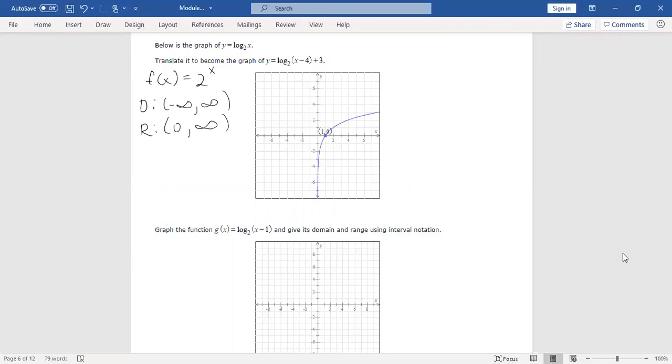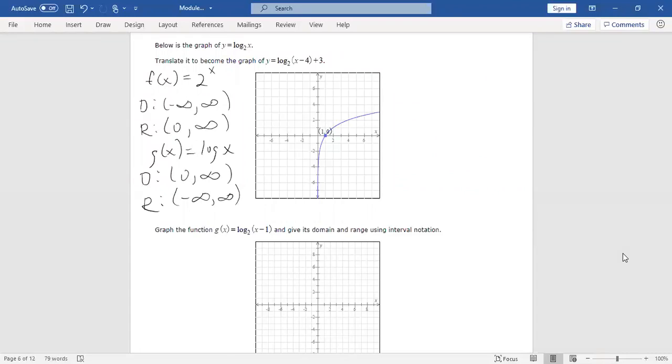Well, with logarithmic functions, a logarithm is an inverse of an exponential function. So when we look at a logarithmic function, remember x and y switch places, so the domain and range switch places. So the range of an exponential function is going to be the domain of a logarithmic function, and the range of a logarithmic function is going to be the domain of an exponential function.